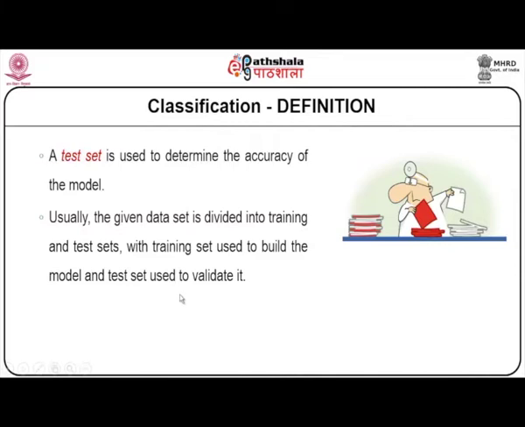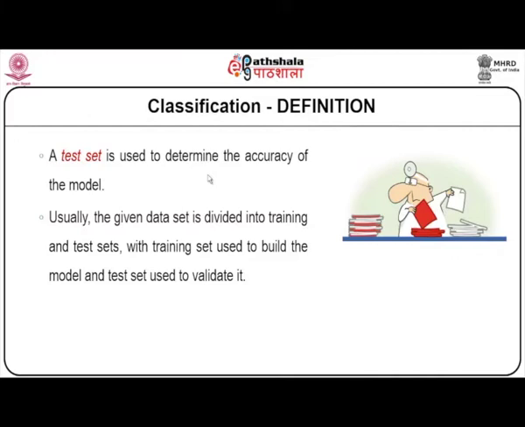So, a test set is used to determine the accuracy of the model. For classification, the measure of accuracy plays an important role. By giving a list of attributes, we have to understand clearly what class this list of attributes would derive.